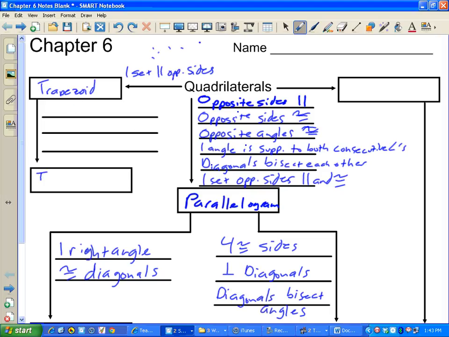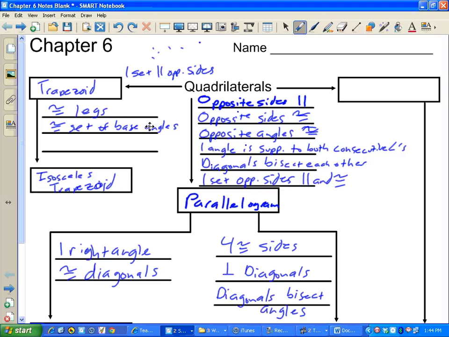The thing that'll bring us down to an isosceles trapezoid, the definition is that you have congruent legs, or you could have a congruent set of base angles.